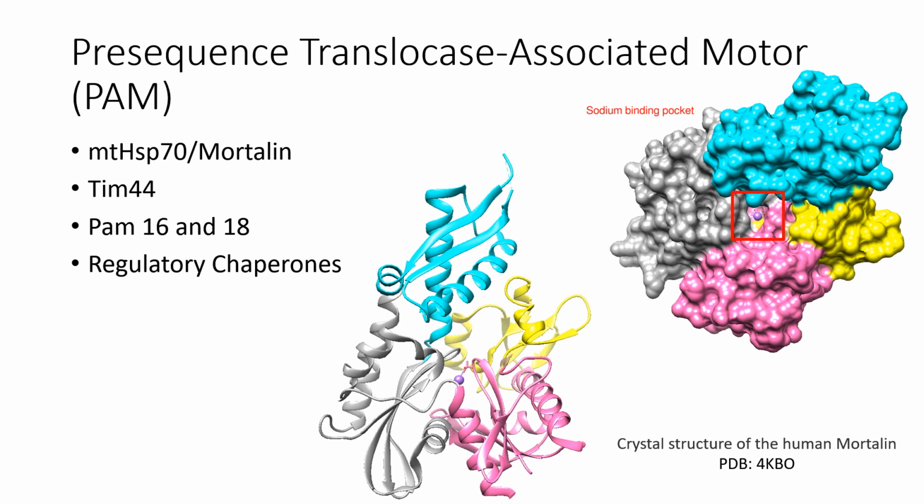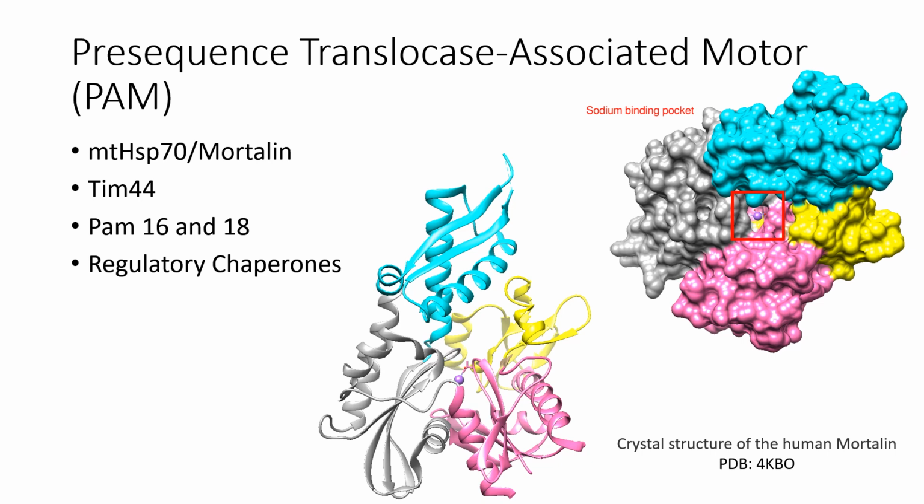MTHSP70 is not only the main part of the ATP-powered import of preproteins, but it is also involved in many other bodily processes, such as mitochondrial homeostasis, protein folding, and even cell death. This importance has caused MTHSP70 to develop another name, mortalin.